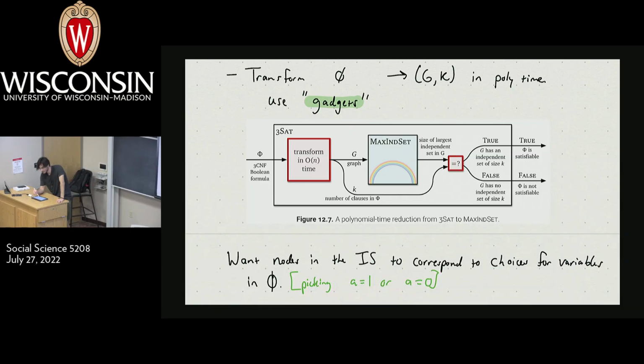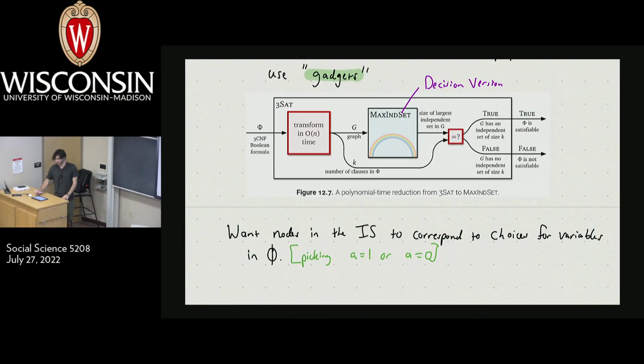In this picture, this is specifically max independent set, but you could also do it for the decision version, just asking whether there is an independent set of size k. That's what we're going to focus on, though you can also do it with the optimization version.